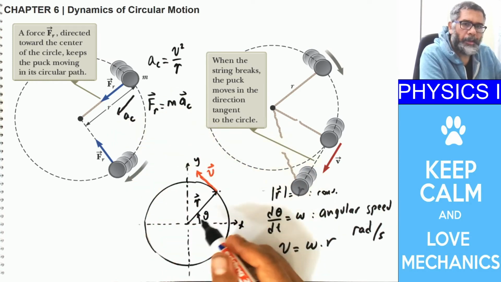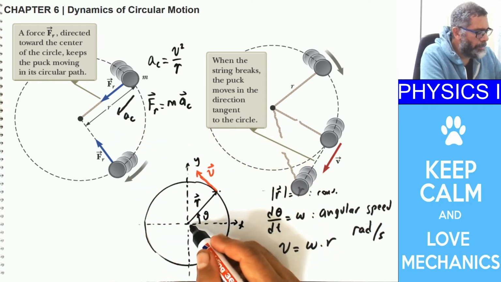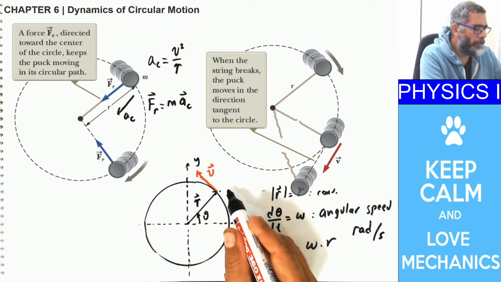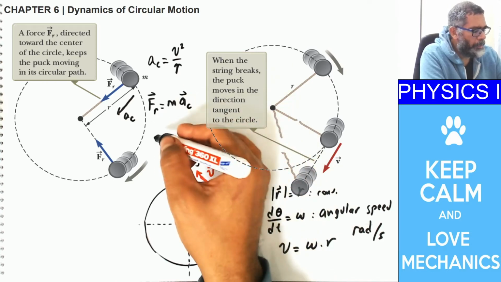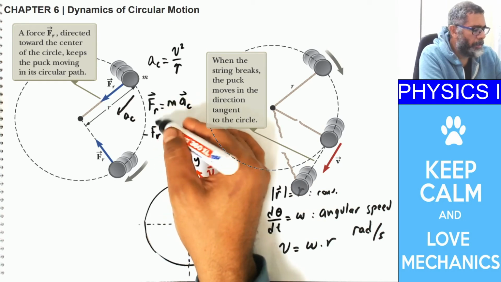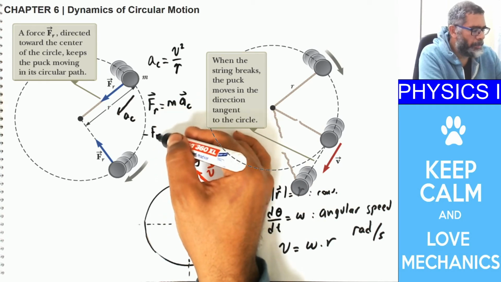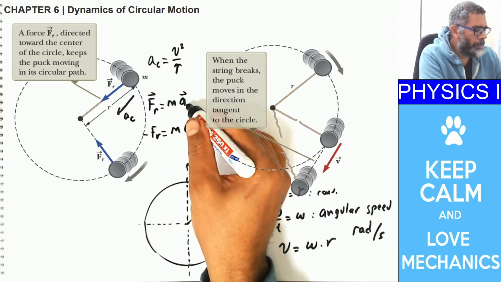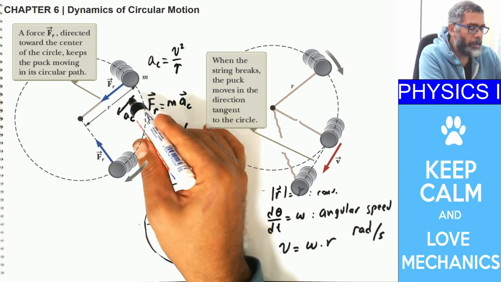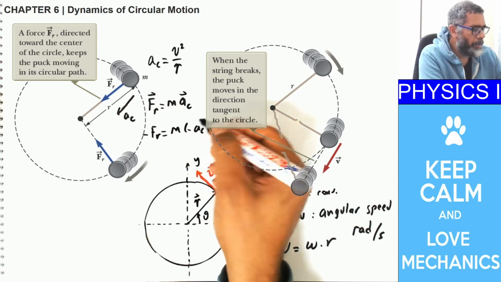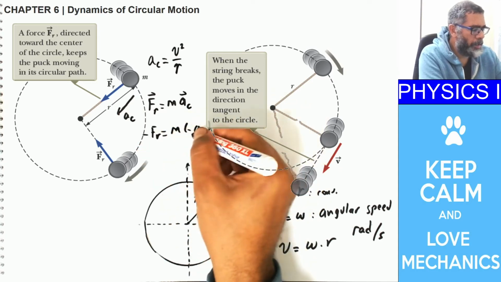For polar coordinates, we usually take the positive r direction to be radially outward, right? But the component of the force or tension along this radial direction is inward, so we have to put a minus sign. But the acceleration is also inward, so it will take another minus sign, so that both minus signs cancel out.